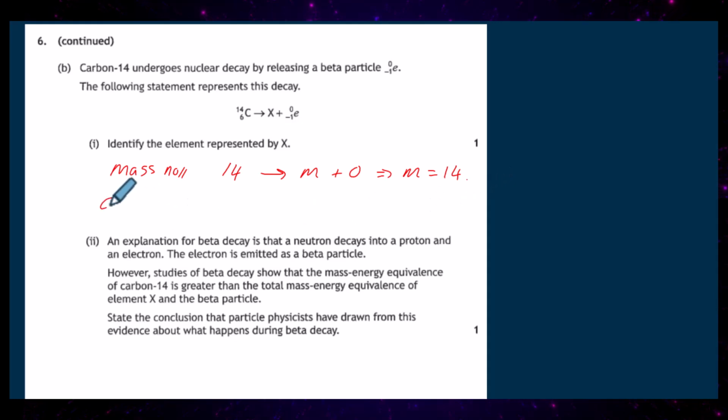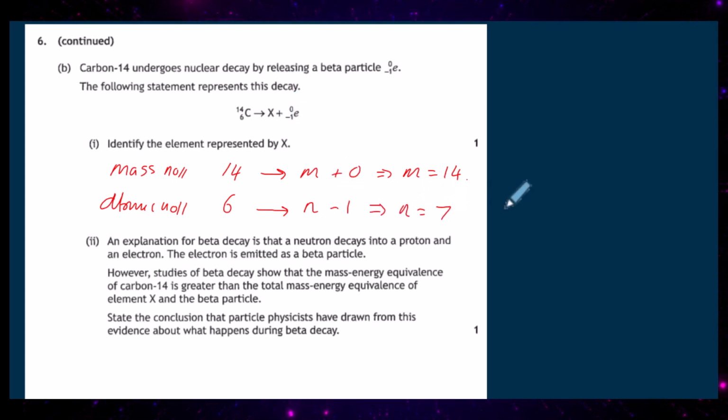Let's look at the atomic number, that's the bottom ones. And we have 6 on the left hand side, and on the right hand side we have our missing atomic number, which we'll call n, and we have a minus 1 here. So that implies that n must be equal to 7.